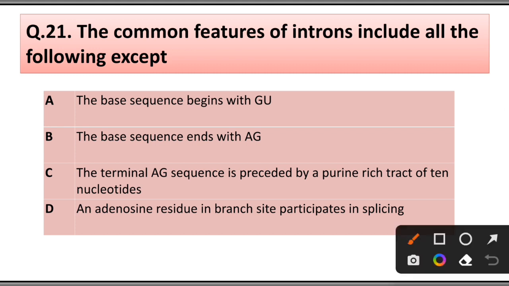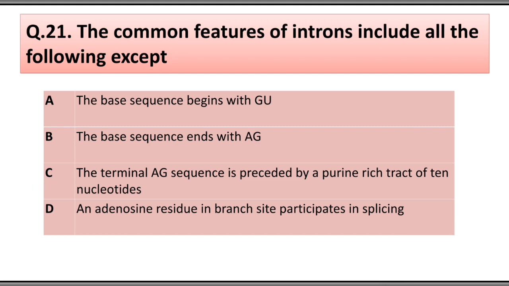The common features of introns include all the following except: the base sequence begins with GU, the base sequence ends with AG, the terminal AG sequence is preceded by a purine-rich tract of 10 nucleotides, an adenosine residue in the branch site participates in splicing. Correct answer is option C. The terminal AG sequence is preceded by a purine-rich tract of 10 nucleotides.